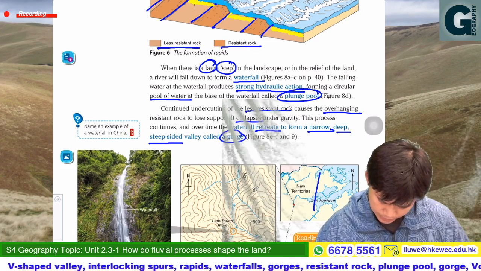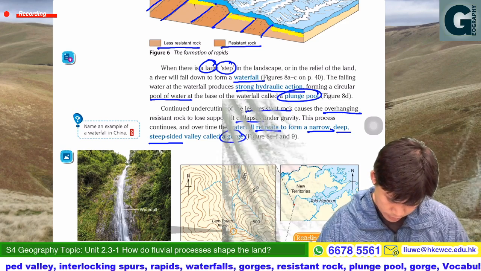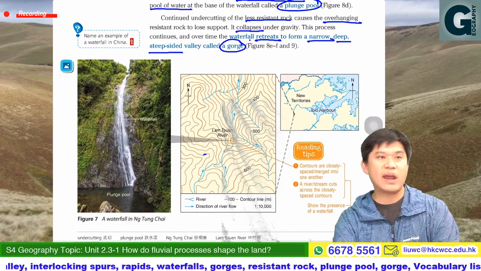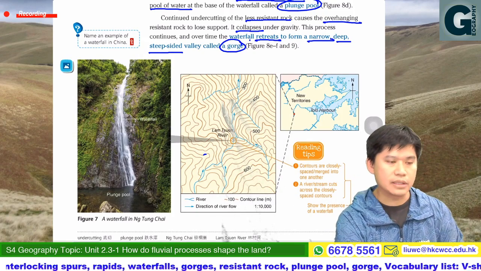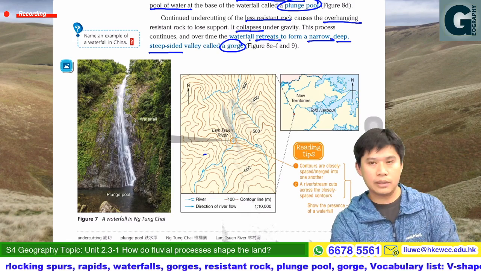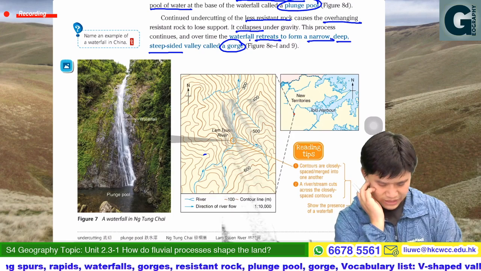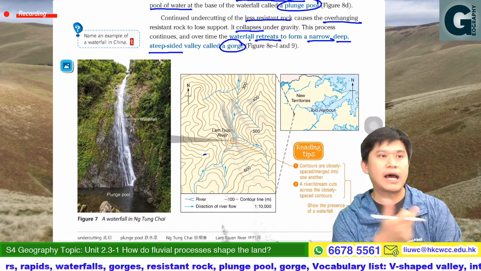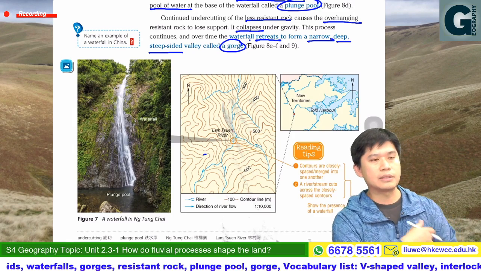Okay, then in Hong Kong, is there any waterfall? I would say in Hong Kong, actually, there are a lot of waterfalls. One of the famous waterfalls you can see is in Tai Po, Sun Leung Tam, the Bright Pool, and also Jiu Gang Tam.